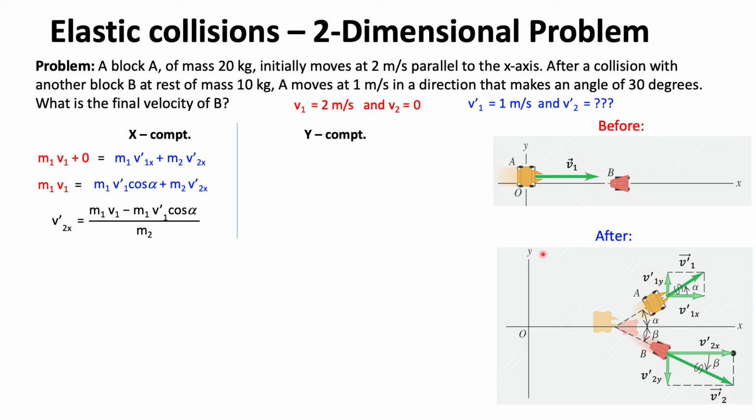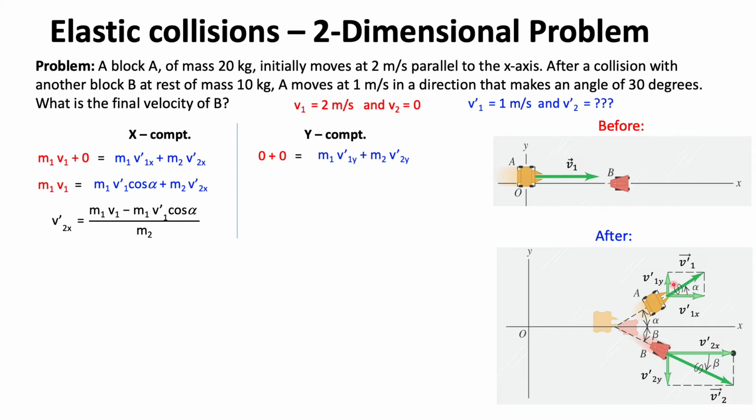Similarly, the y component is given by 0 plus 0 before collision, because block B is at rest and block A does not have any velocity in the y direction. And after collision it's given by m1 v1y prime plus m2 v2y prime. Those are just the y components.